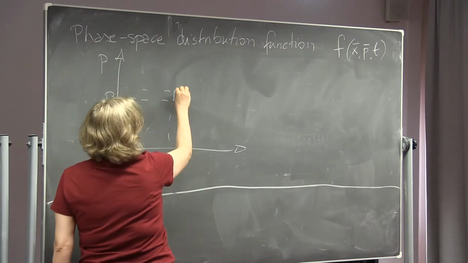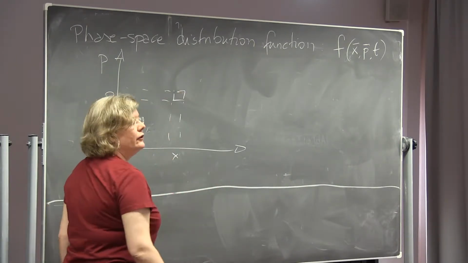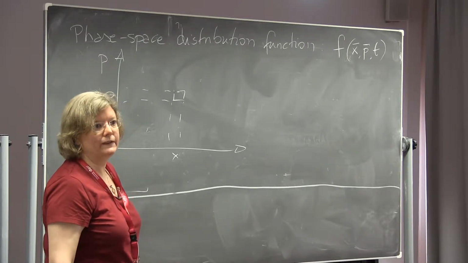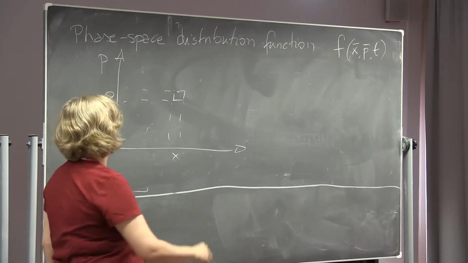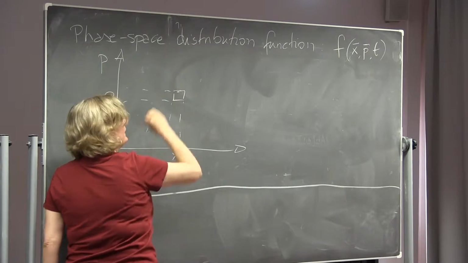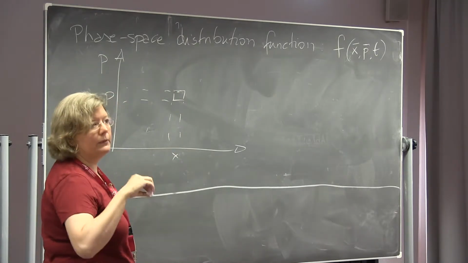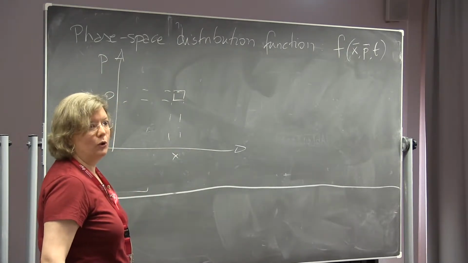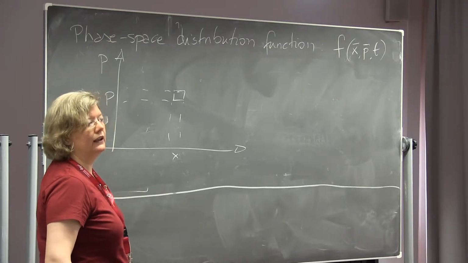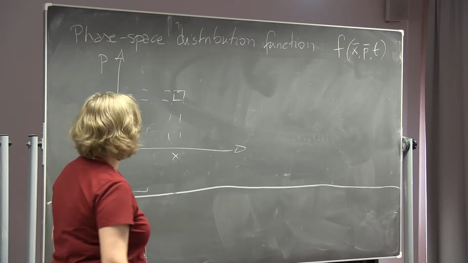And of course, as we will see later, I will use again the dilute limit, in the sense that the number of particles in the same little volume is actually small, so that I can do some approximations later on.